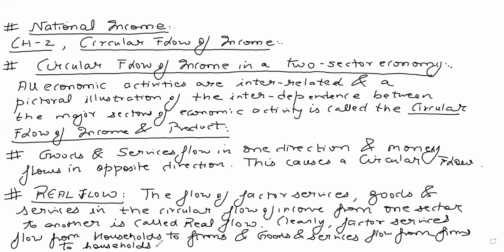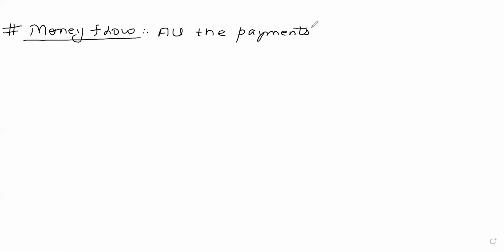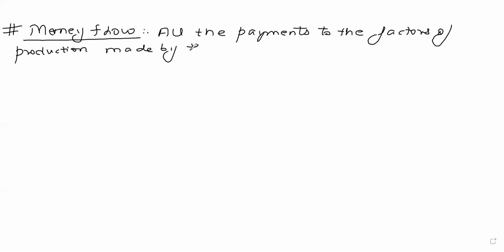And similarly, I can write the money flow. So erasing all this off, we now have the money flow. So all the payments to the factors of production made by the firms to the households.